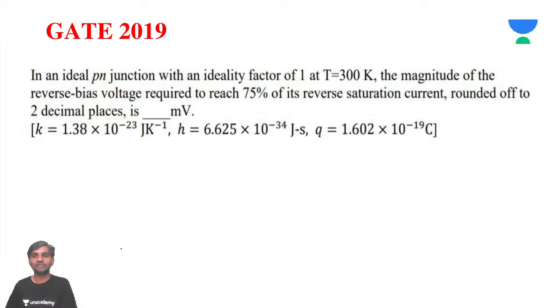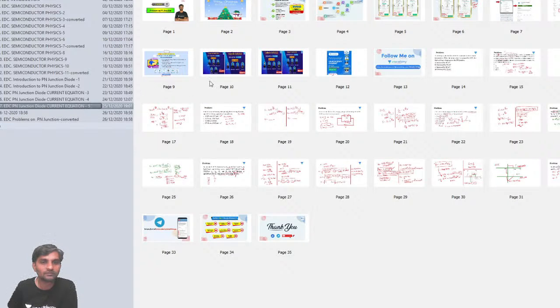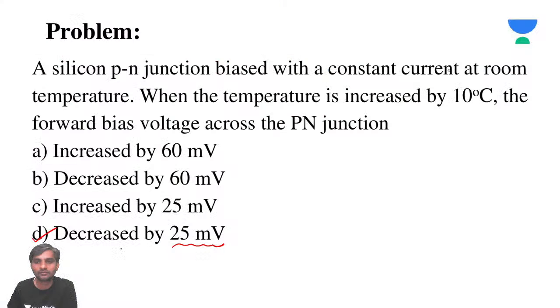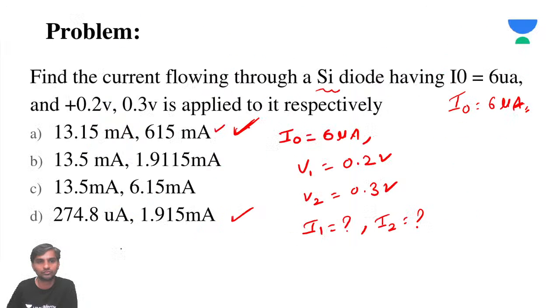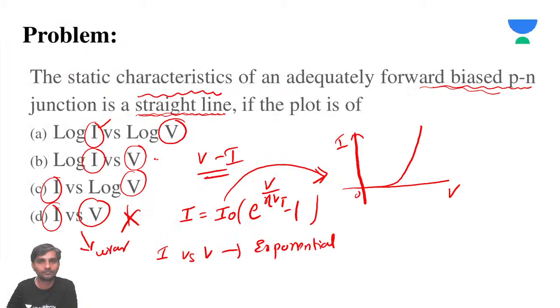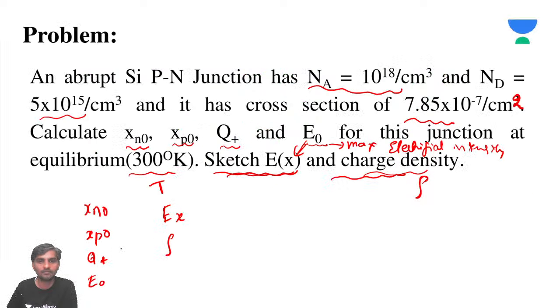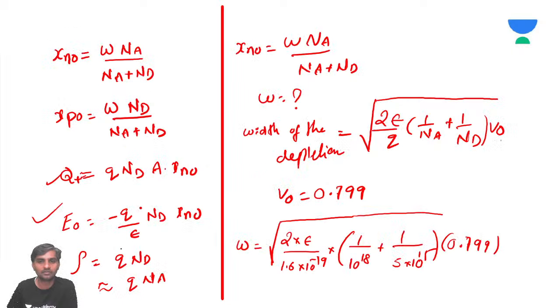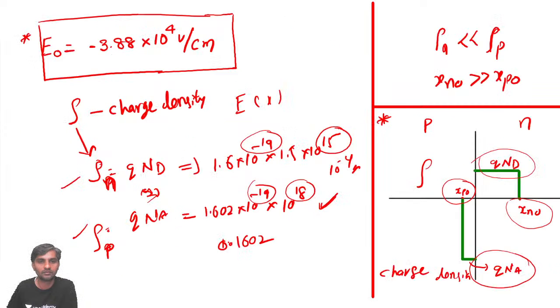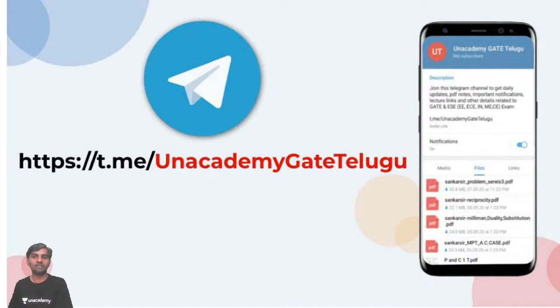Now we'll go back and see what we discussed in the previous class. We have discussed some problems: the first, second, third, fourth, fifth, sixth, seventh, and eighth.